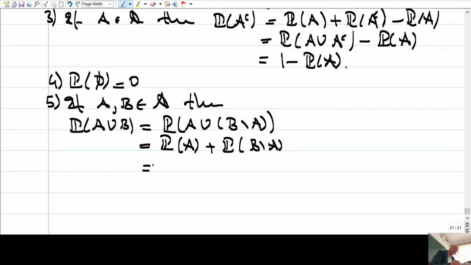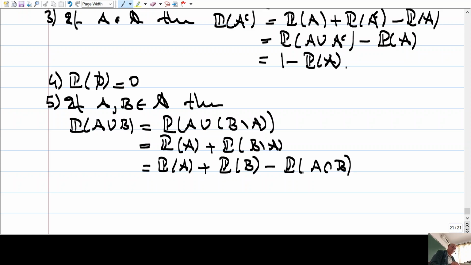Okay, and measure of B minus A can be written as what? This is the measure of B minus the measure of A intersection B. Right? Why is that?